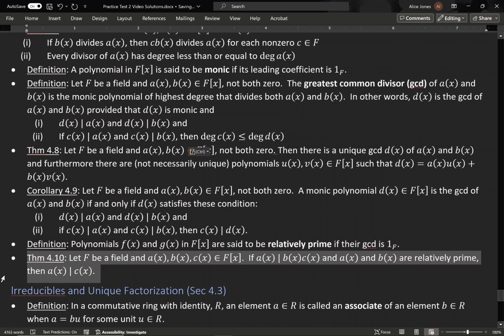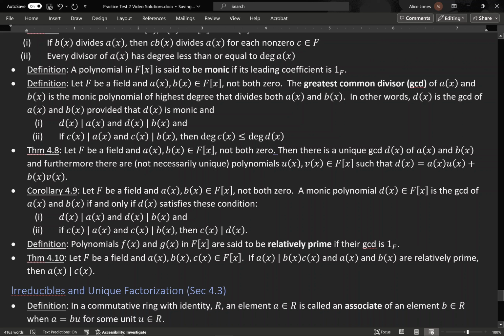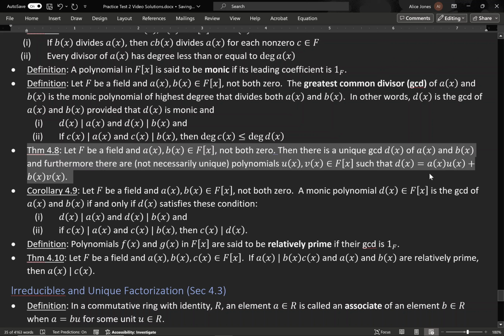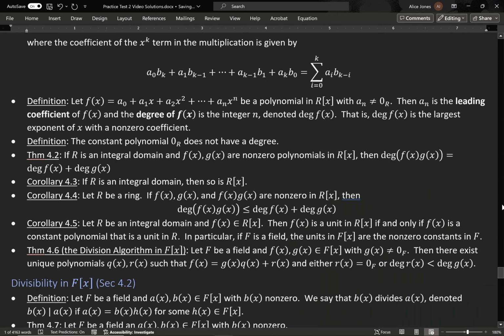Well, we do have the whole thing that we're trying to prove here. It's just a theorem, but if I ask you to prove one of these theorems, you better not cite that theorem as the proof. I'm asking you to produce the proof. Okay, so this one, Theorem 4.8, is about writing the GCD as a linear combination of the two polynomials. The other factors here we can call u(x) and v(x). So we're going to cite Theorem 4.8.